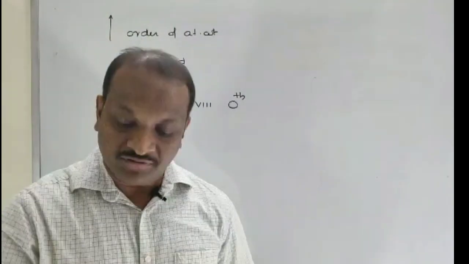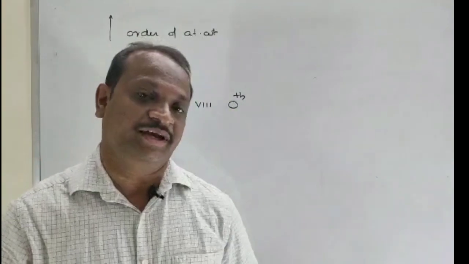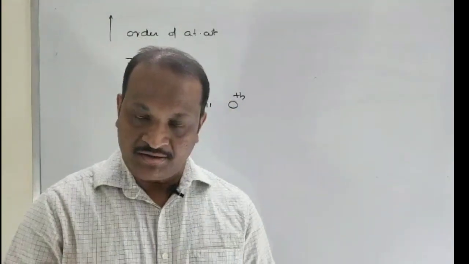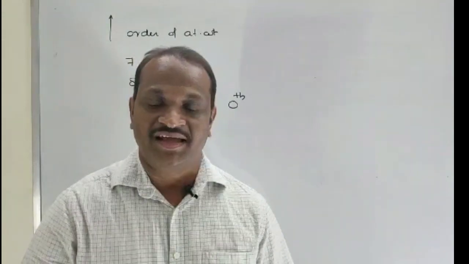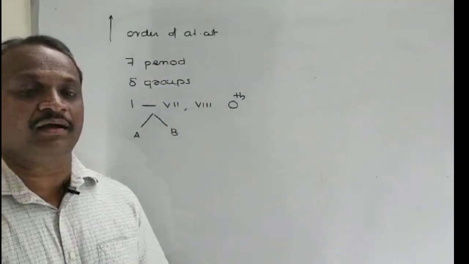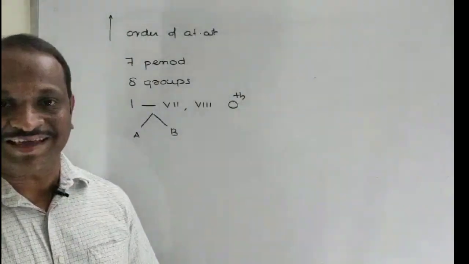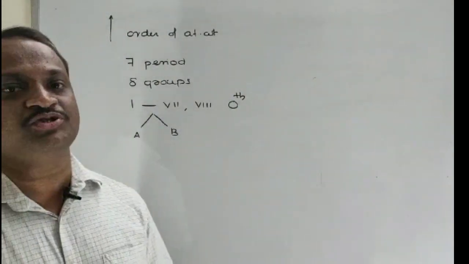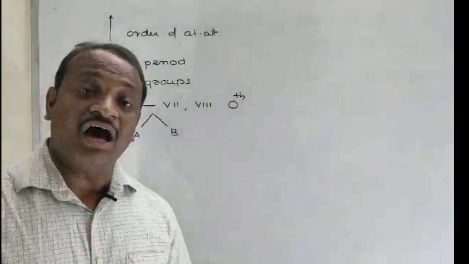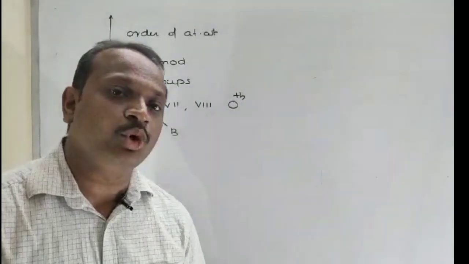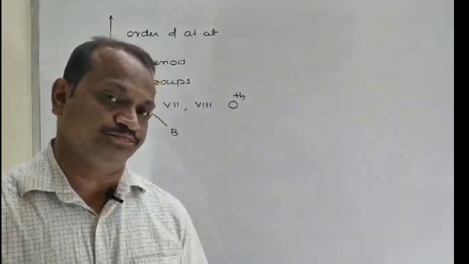So to summarize: it is based on the increasing order of atomic weight of elements. It consists of 7 periods and 8 groups. Out of these 8 groups, 1 to 7 are categorized as A and B. Later, after the discovery of noble gases, one more group was added as the 0th group.